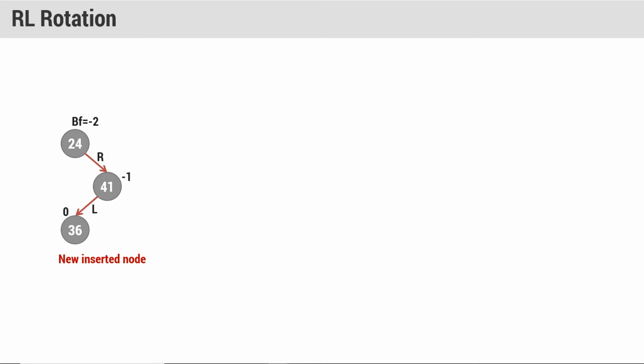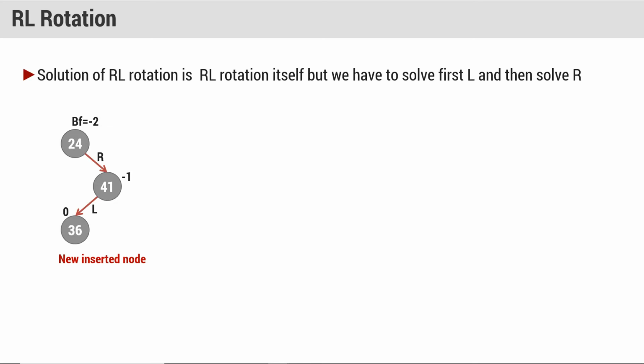So the solution of RL rotation is RL rotation itself, but we have to solve first left and then solve right. So first we have to solve the left problem. So the solution of the left problem is one right rotation. So right rotation at node 41. So our tree becomes like this: 24, then 26, and then node 41. But this right rotation remains now.